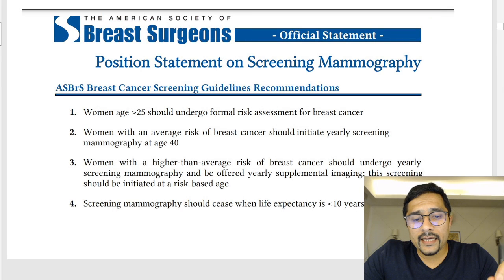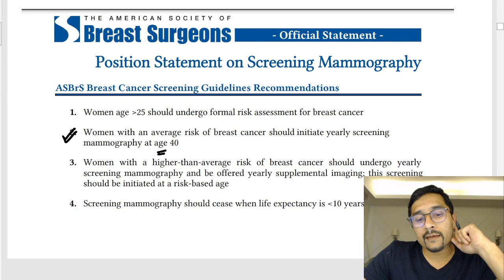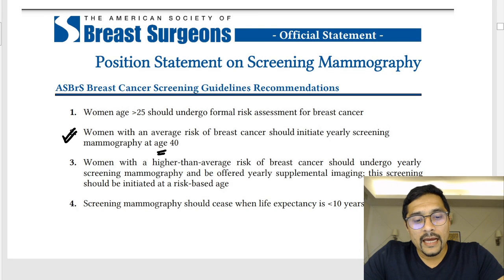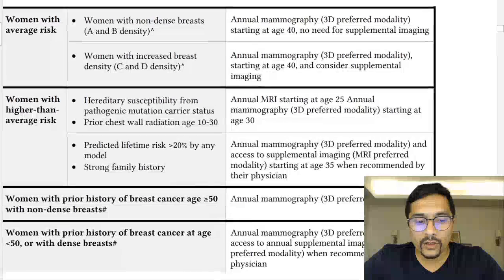The new screening guidelines: women with average risk of breast cancer should start their mammographies from 40 years, and women with higher than average risk should be offered supplemental screening. So what is the supplemental screening? Women with average risk, I've already told you, they start at 40 years.